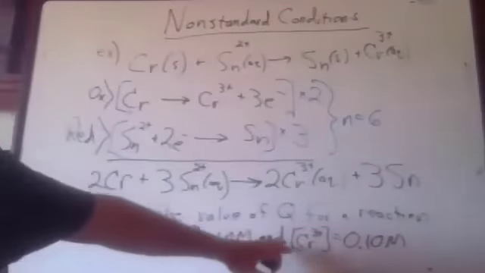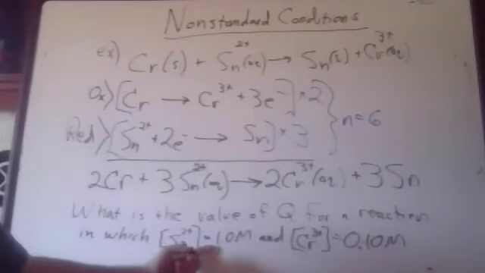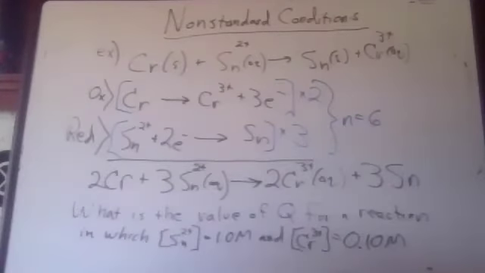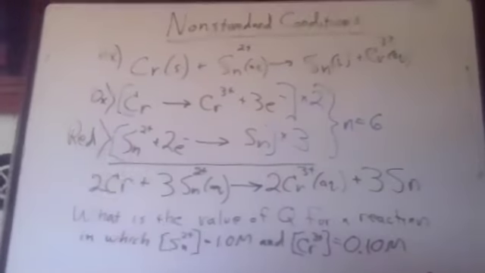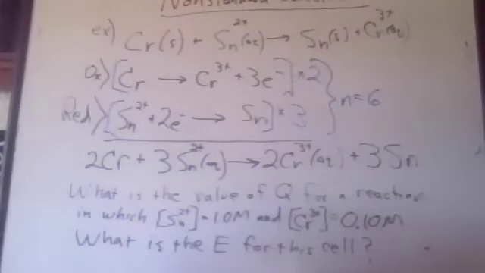Okay, so that's non-standard condition because of the chromium. This would be the same as standard condition. And in this first part, I'm just asking for Q, but I'm going to add another question here. We set that up as a cell. What would be the potential?